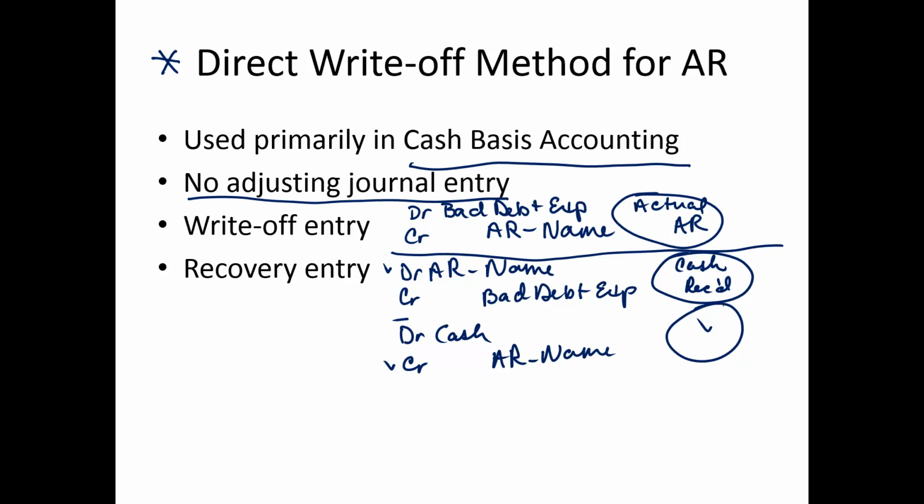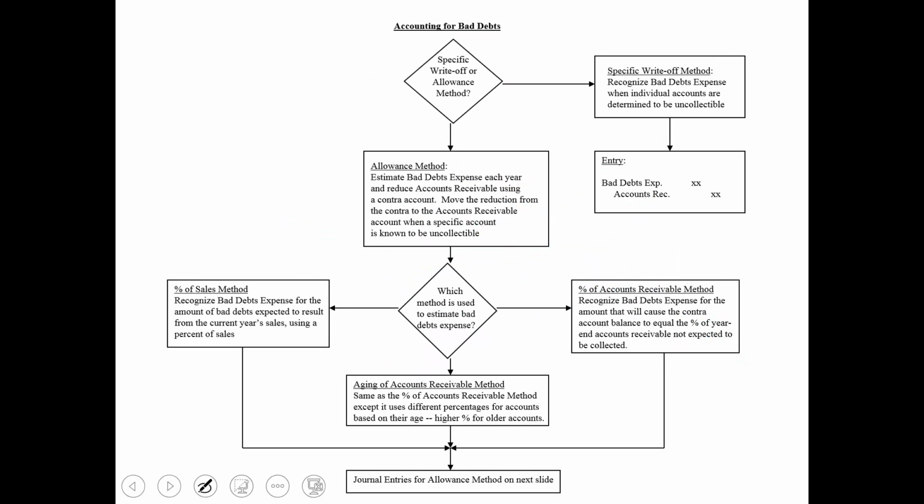Now, for income tax purposes, the direct write-off method is also used. So if you're a corporation on your tax returns, this is the method that you use for accounting for bad debts, not the one that we're going to talk about next. So here's the big chart of how we can do it.